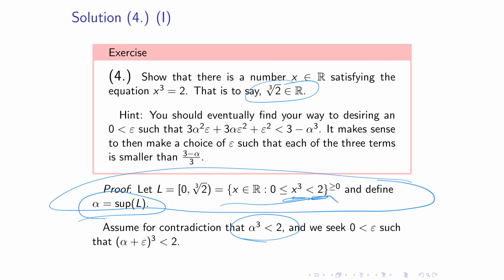For contradiction, I'll only work on this side, so we'll assume that alpha cubed is smaller than 2, and this will show that 2 is less than or equal to alpha cubed once we reach a contradiction. As usual, we are seeking a particular choice of epsilon, which is positive, and since we're on this side of 2, we'd like alpha plus epsilon cubed to be smaller than 2 still.